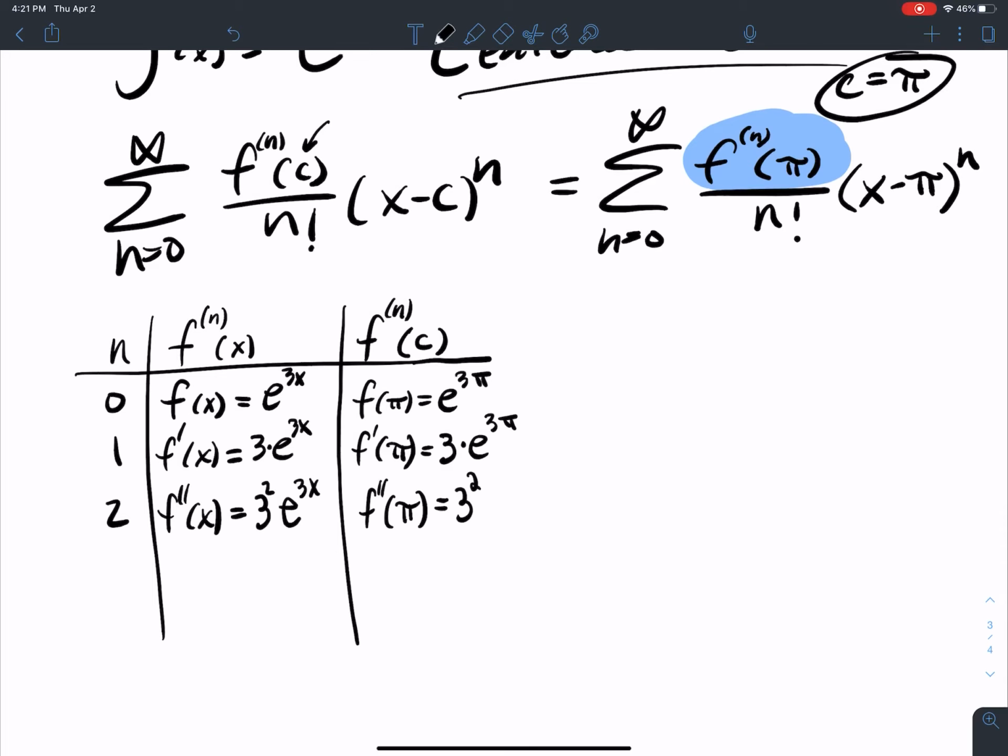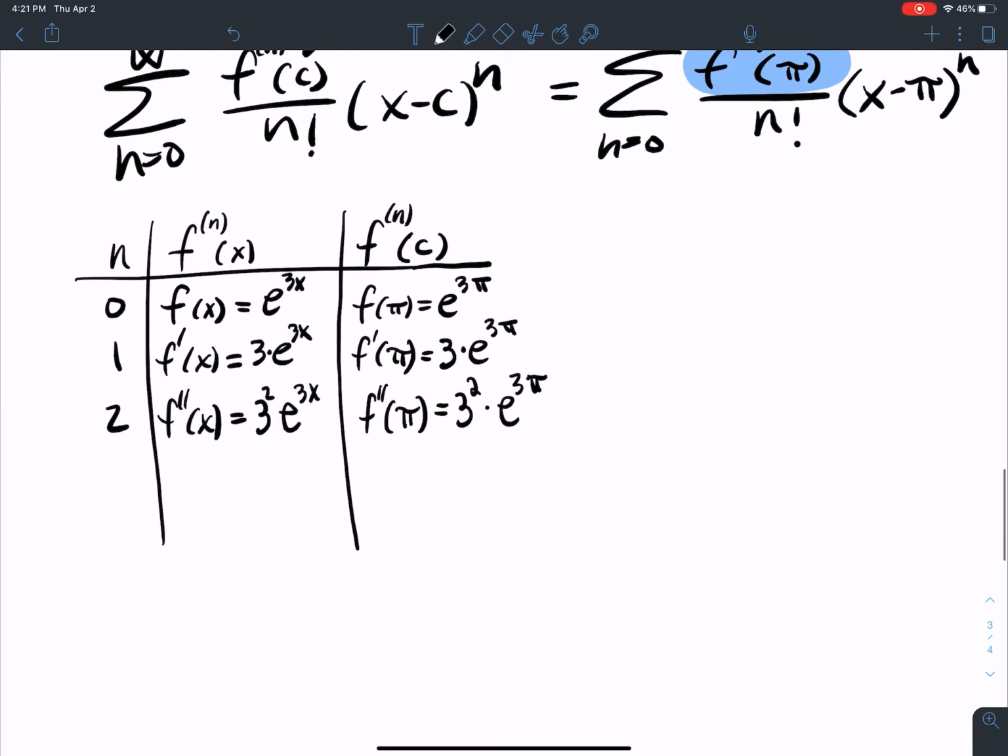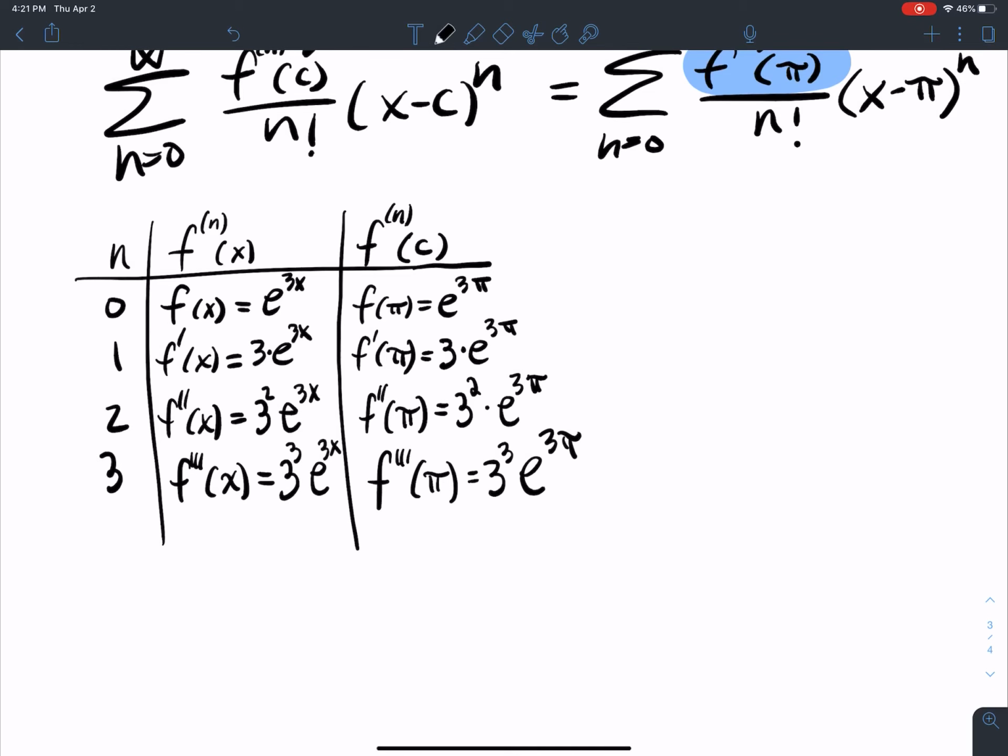Hopefully you're going to see a pattern. Once you figure out the pattern, you don't have to keep doing this. Once you know the pattern, you can write out the nth term. I think you probably see a pattern now, dot, dot, dot, all the way down to n.